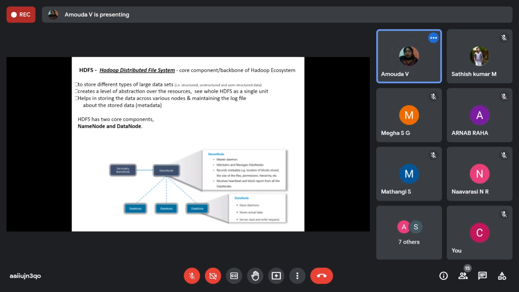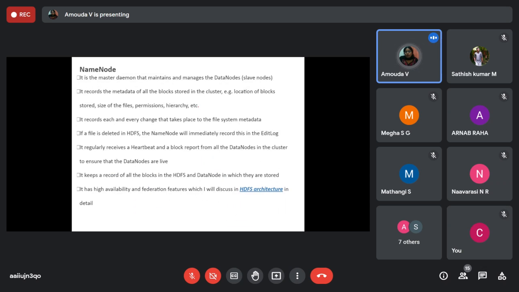So HDFS has two main components, the name node and the data node. The name node is very important to carry the data nodes. It maintains the data nodes; slave nodes are maintained here with appropriate names.